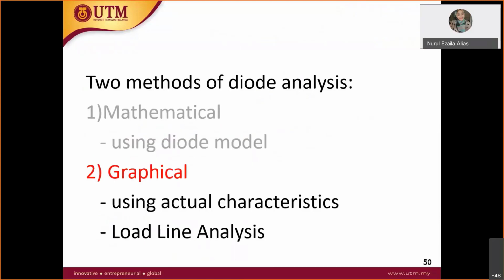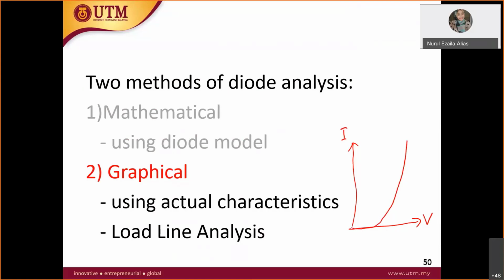For graphical, we use the actual characteristic and also load line analysis. If you can imagine, load line analysis means you have the characteristic of the diode, which is the IV characteristic. For example, you have a regular diode, with current versus voltage.